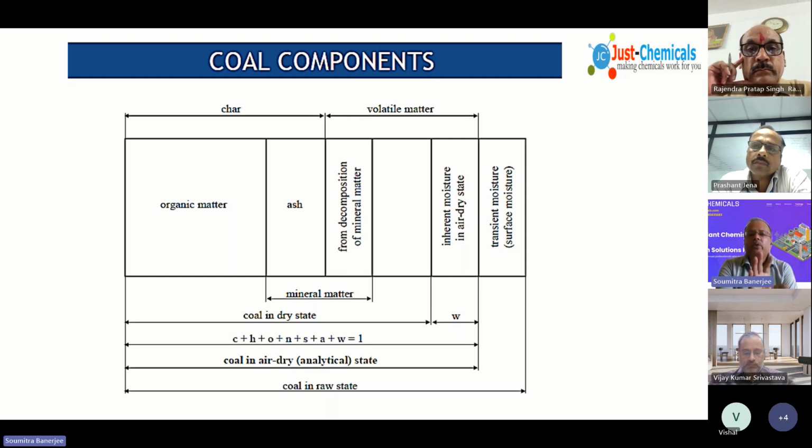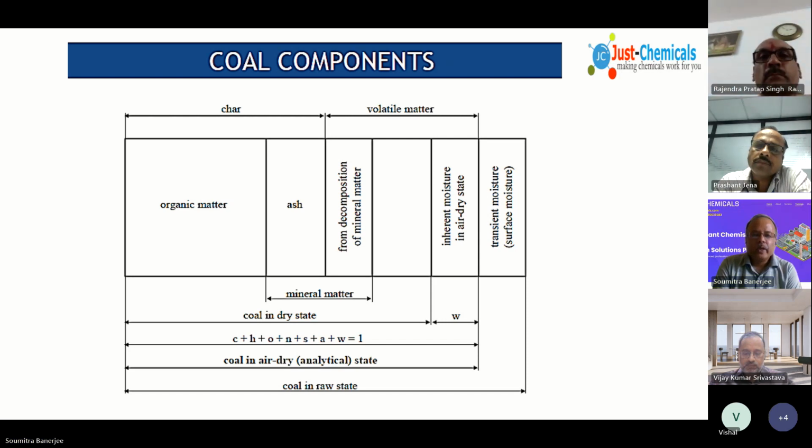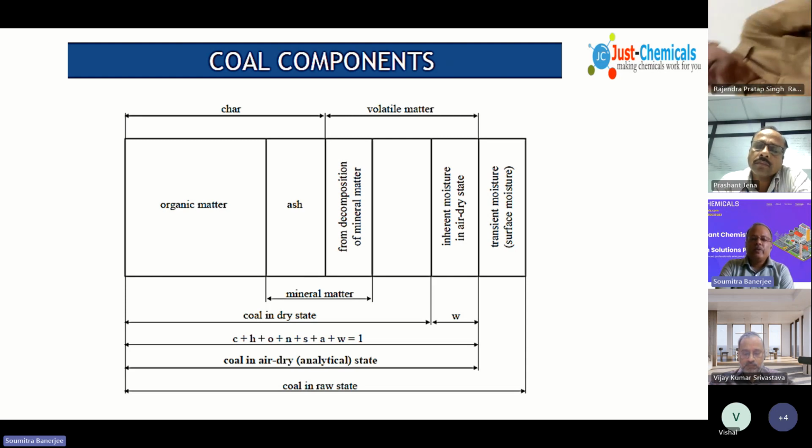So in this slide you can see that mineral matter is very important for us to understand its property within the boiler, for slag formation, slagging, and another is fouling. Coal in dry state will still contain organic matter and some volatile matter.